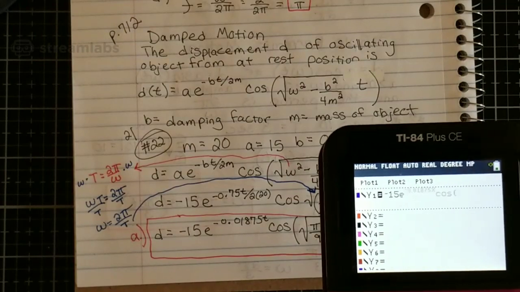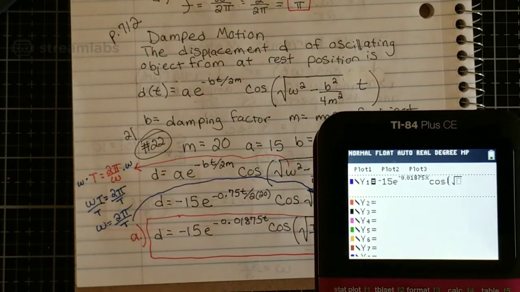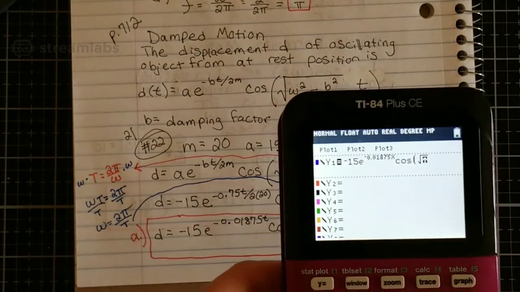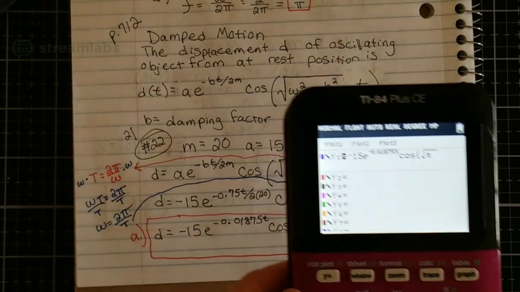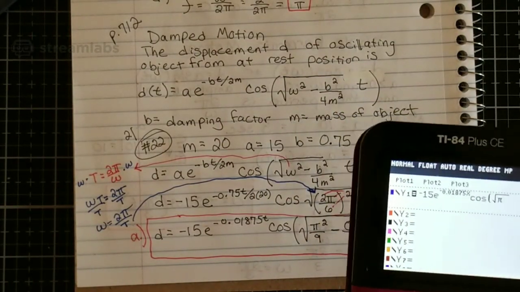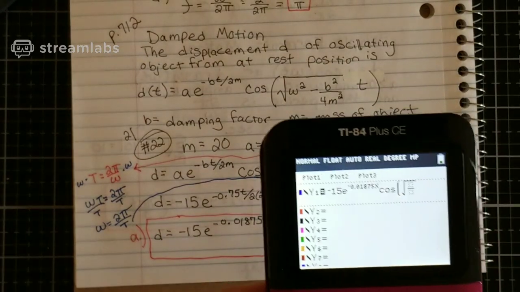Cos square root. Looking for my pi button. Okay. Second, and then this button here is my pi button. Oh, let me delete that actually. Let me use my y equals button there. Alright.